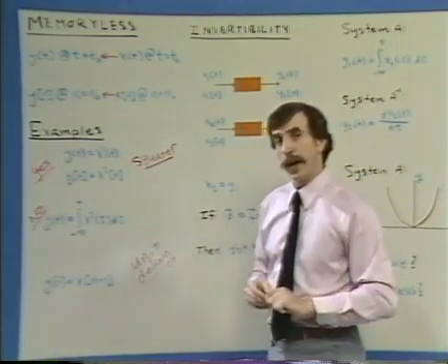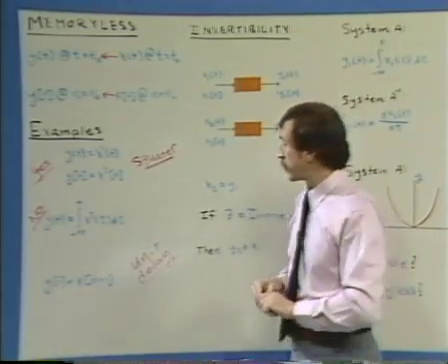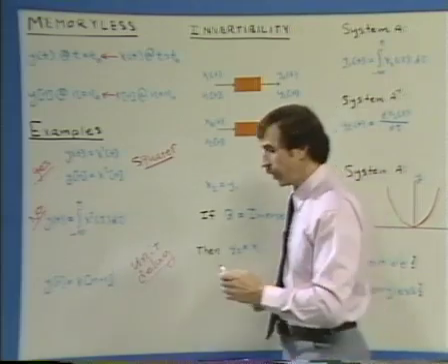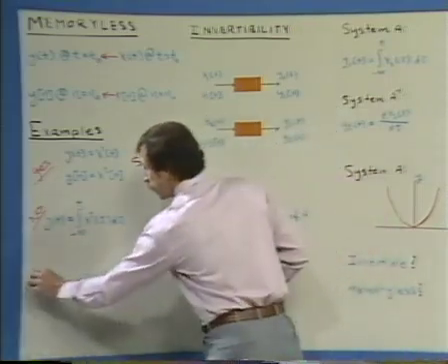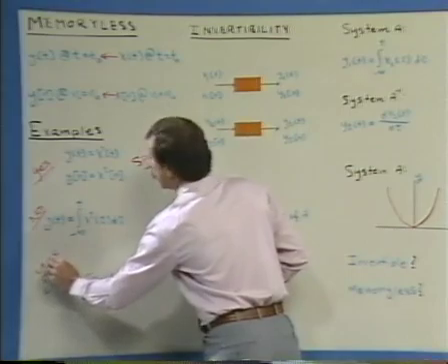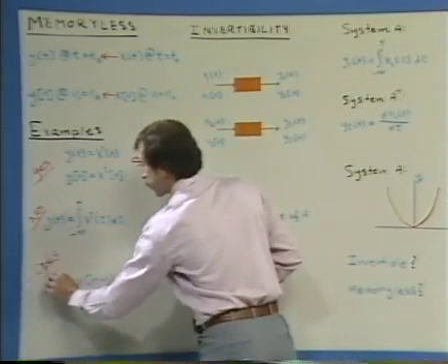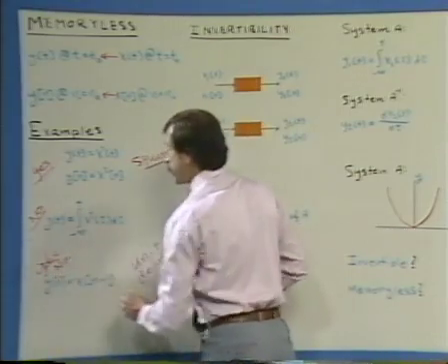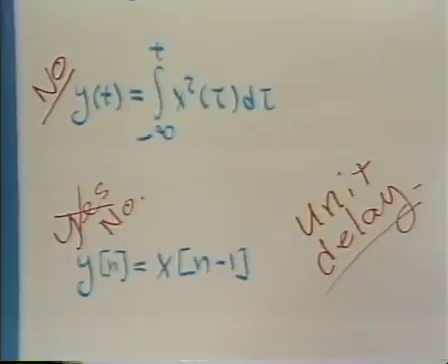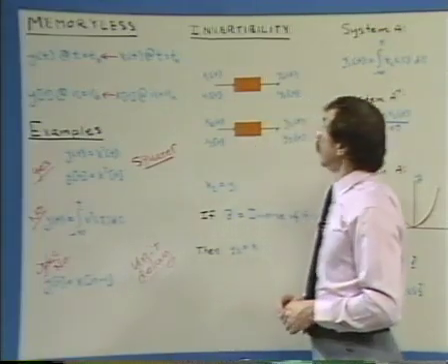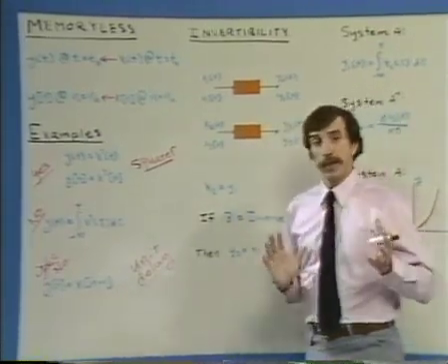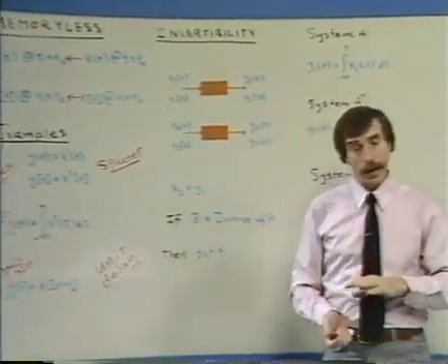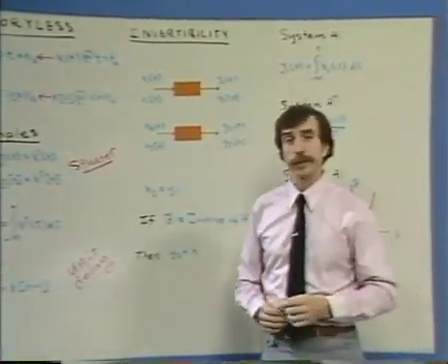And so, in fact, the unit delay is a system that has memory. And so let's indicate that here. So this is not a memoryless system because of the fact that there is one unit of delay, and in essence, delay requires memory. Okay, so that's the issue of memory and memoryless systems.